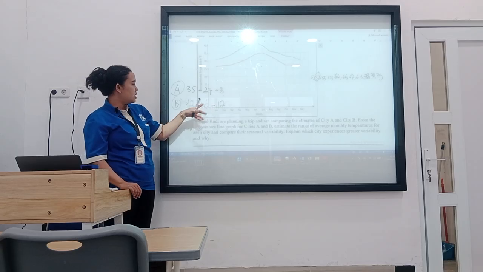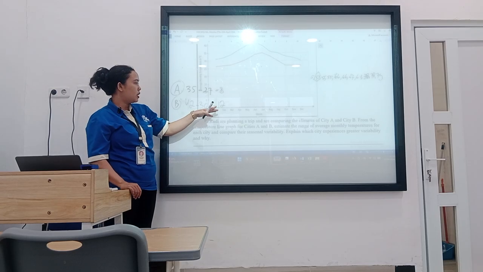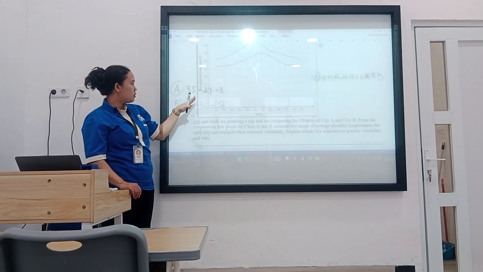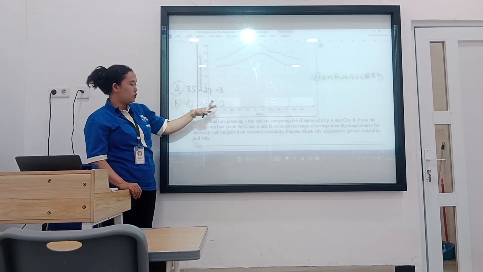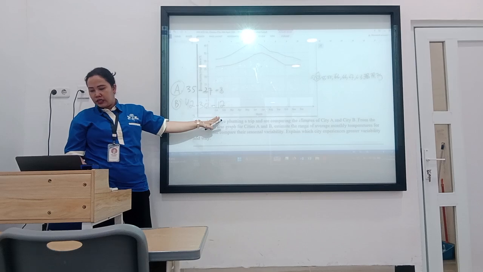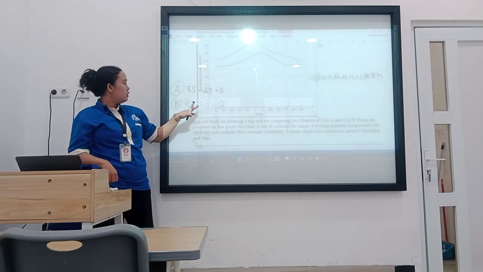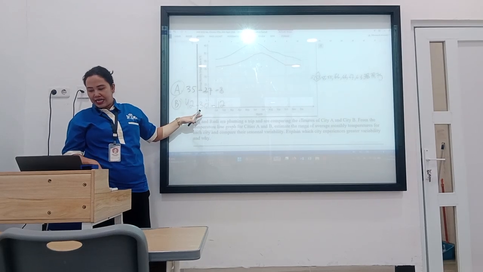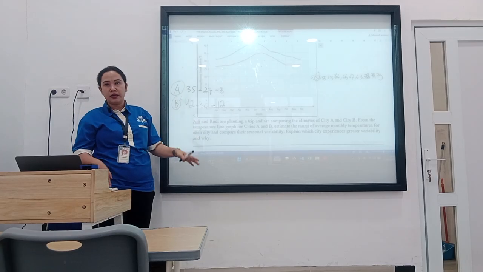How do we find the range? We subtract the lowest temperature of city B, so we get 12. So the range for city A is 8, and the range of city B is 12. That's why city B experiences greater variability than city A.